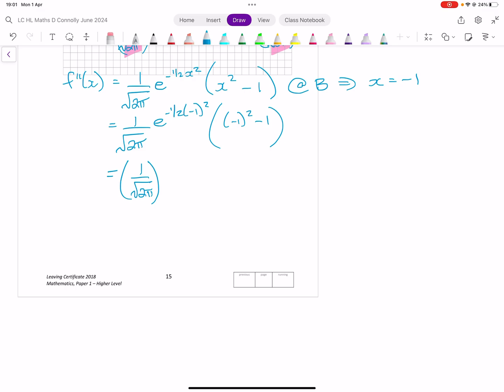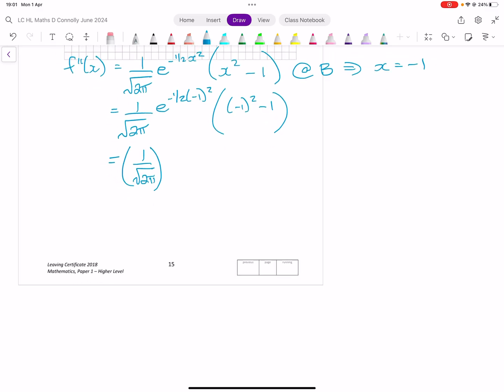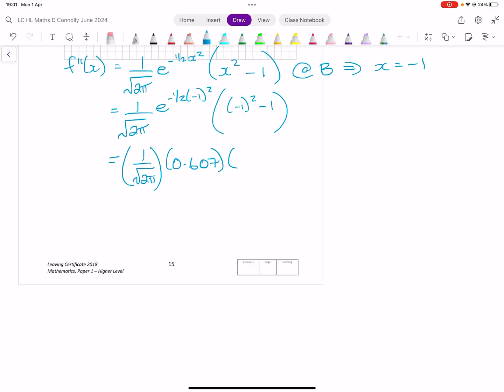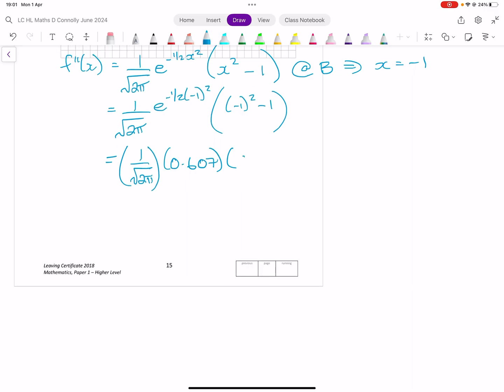Now e to the minus a half times minus 1 squared is like 0.607. Oh, sorry, I completely missed this bracket. It's just 1 minus 1, which is 0. So it doesn't really matter what the first two are, you're multiplying by 0, so it equals 0.